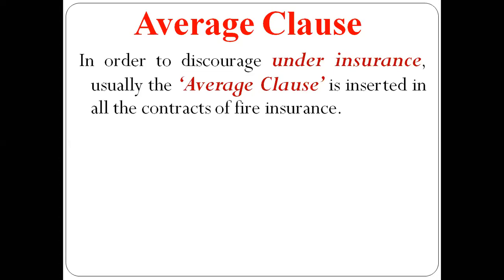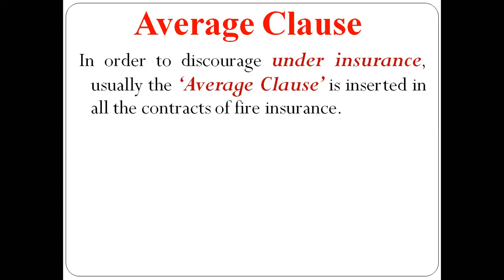Because the insurance contract contains an average clause, what will happen? This is the treatment, the concept of underinsurance here. The insurance company will give a proportionate amount of claim. What is that proportionate amount? Out of 1 lakh worth of stock, he has taken insurance for only 60,000.